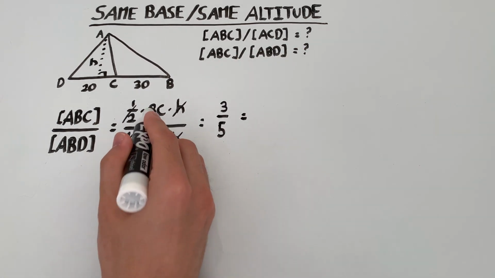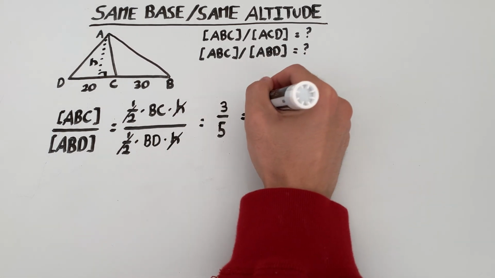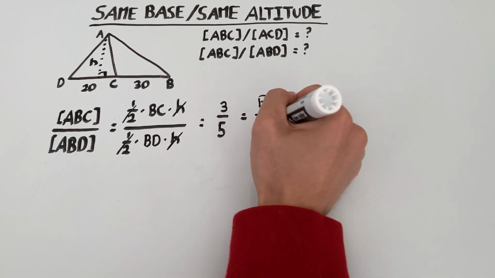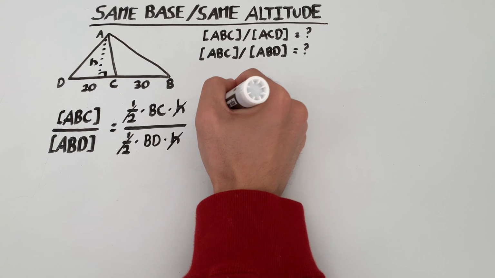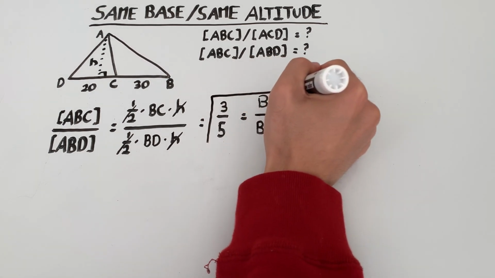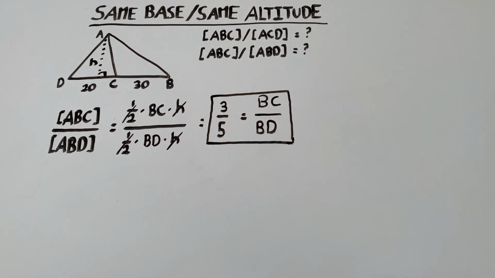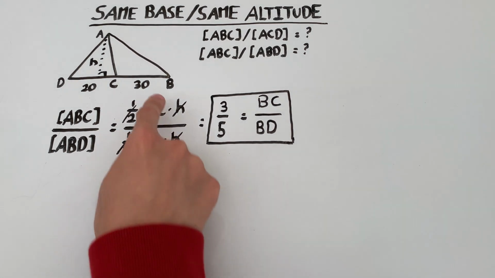Which is BC over BD. So now we see why our previous result wasn't a coincidence as well. If two triangles share an altitude, then when we take their ratios, the halves will cancel and the heights will cancel. So all we're left with is the ratio of their bases.